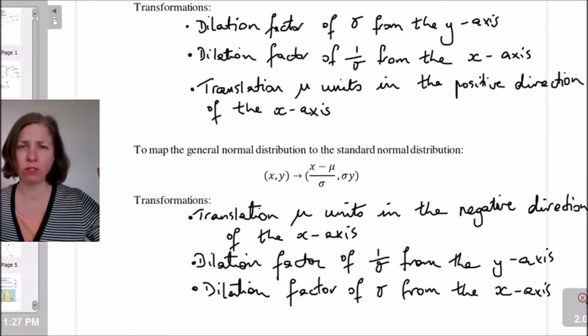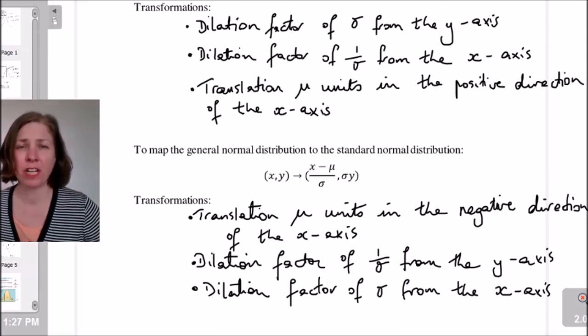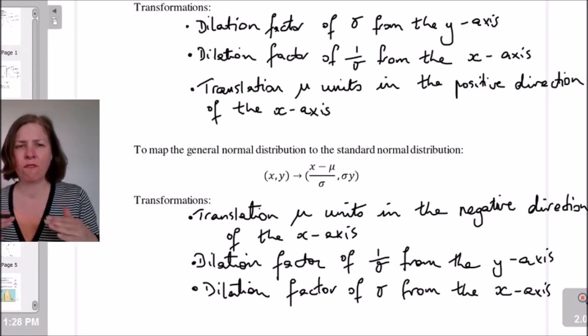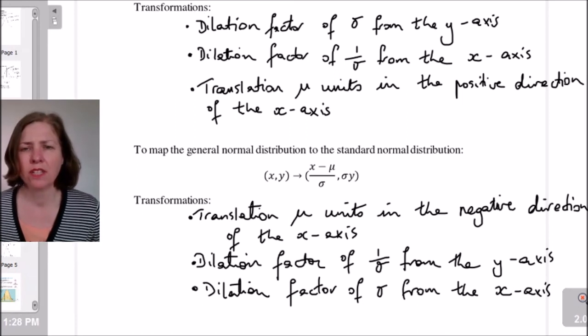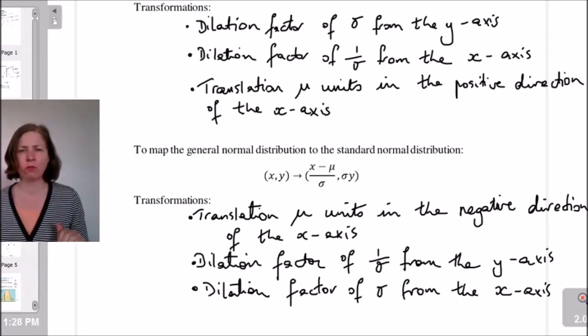So my horizontal dilation now is by a factor of 1 over sigma. So that will cancel out the previous dilation of sigma. I'm back to where I started. I'm back to the standard normal curve. And similarly, vertically from the x-axis, my dilation factor is now sigma. So I've followed the order in reverse, and I've done the reverse thing each time. And so that will bring me back to the standard normal distribution.